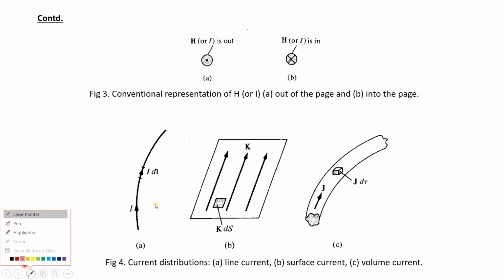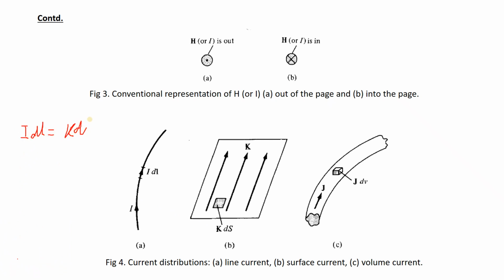Now if you replace I dl with K dS, then what is K actually? I dl equals K dS, suppose, because you are replacing the same thing. We know S is in meter square and dl is in meter, so they cannot be equal.